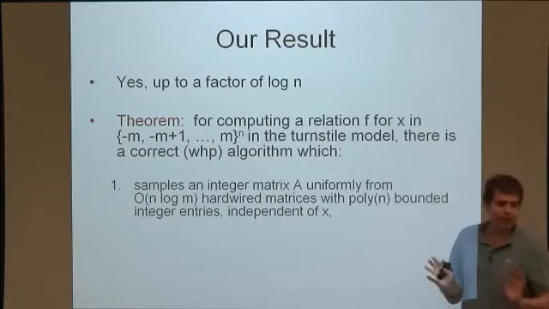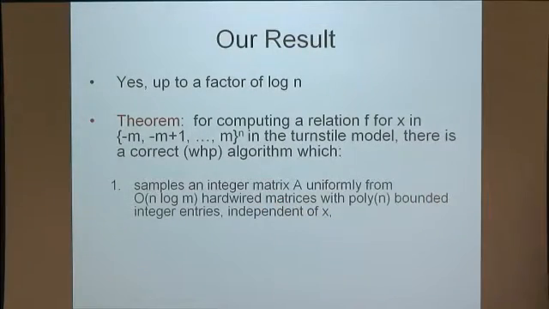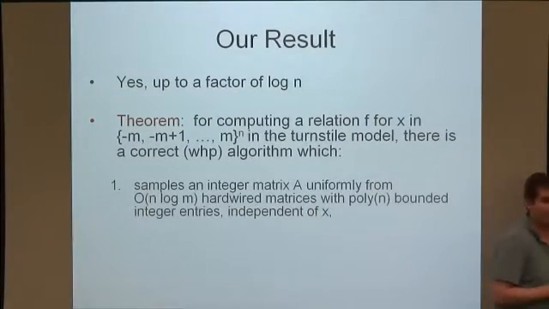So there's some amount of non-uniformity here. In general, we don't know how to represent these matrices in small space. The matrices have poly-n bounded integer entries. Then we maintain A times x in the stream, and we output a function of A times x.